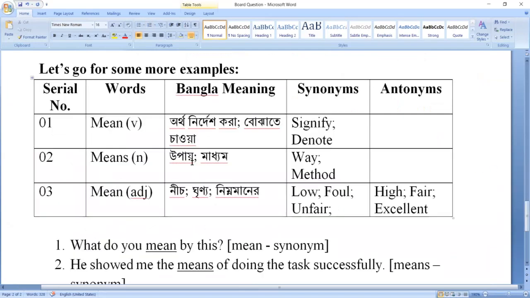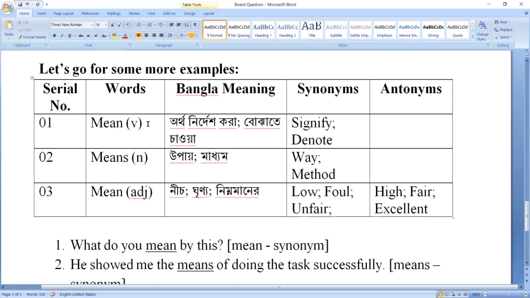Here I have tried to show you different meanings or the uses of the word mean. If you look up the dictionary and find out the meaning of the word mean, you will find that there are 3 or 4 different meanings of this particular word.